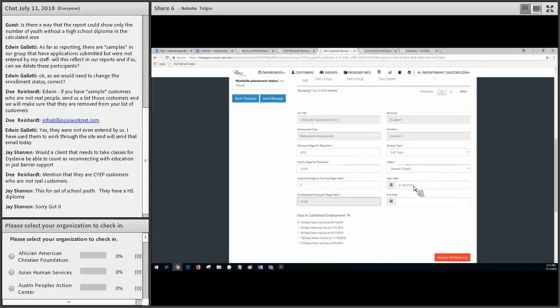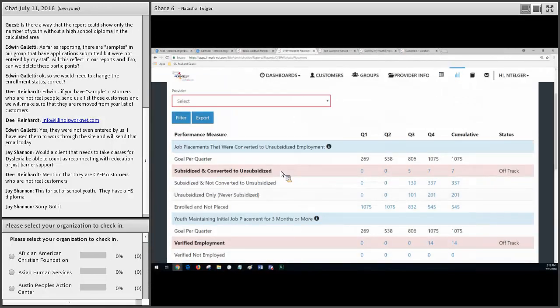If you have a person that maybe had a baby or has a medical emergency, something like that, you can put them on hold, which stops the clock ticking for that particular person, and then they can restart, and it wouldn't be counted against them. Okay.